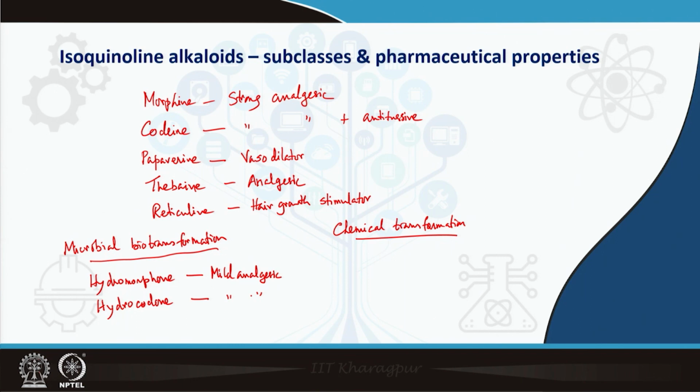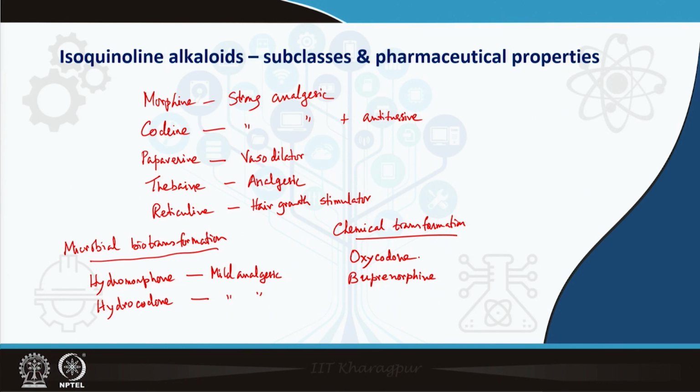Similarly, there are chemical transformation products like oxycodone and buprenorphine, which are also used in different pharmaceutical preparations. This is N-oxycodone.